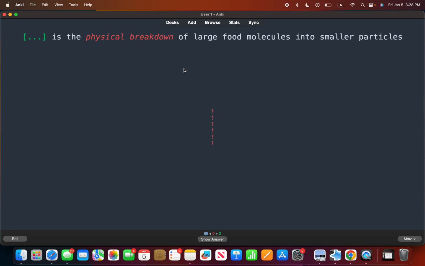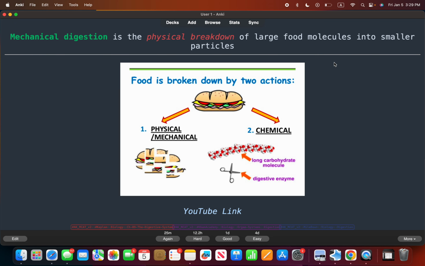So, what is the physical breakdown of large food molecules into smaller particles? It is mechanical digestion. Food is broken down by two actions, physical and chemical. With chemical, we have long carbohydrate molecules, and the digestive enzymes break down the long carbohydrate molecule.